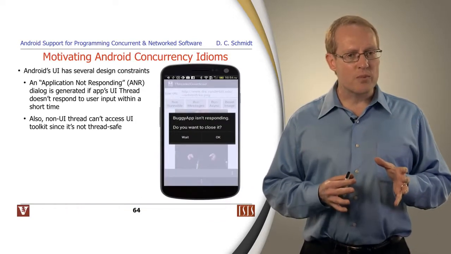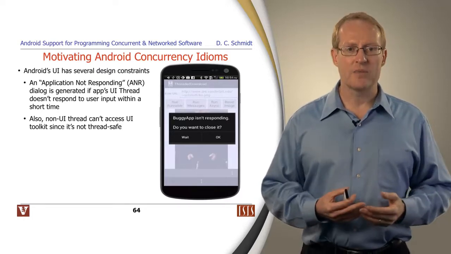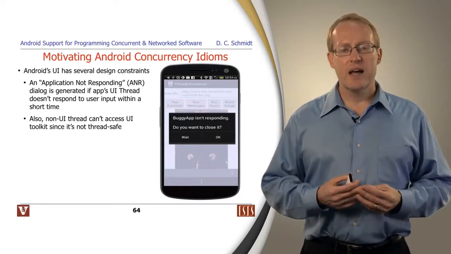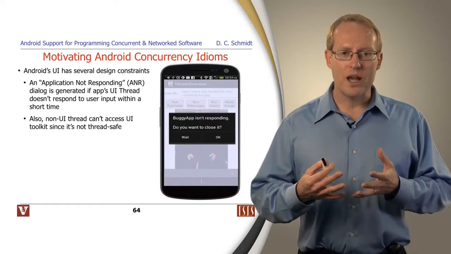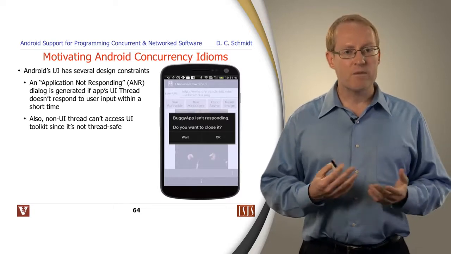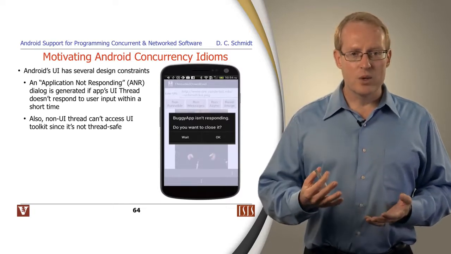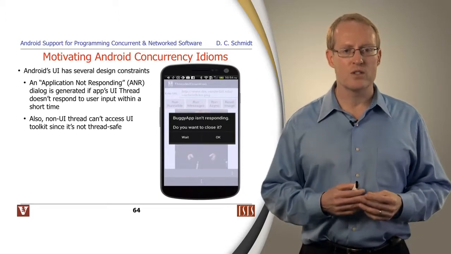There are also some things in Android that go above and beyond what you would find in vanilla Java threading. These are some idioms and concurrency models that are specific to the way in which Android handles various kinds of activities. For example, Android's user interface has several design constraints that affect the way in which concurrency is used.